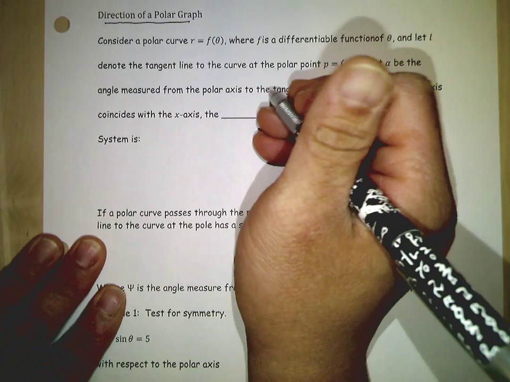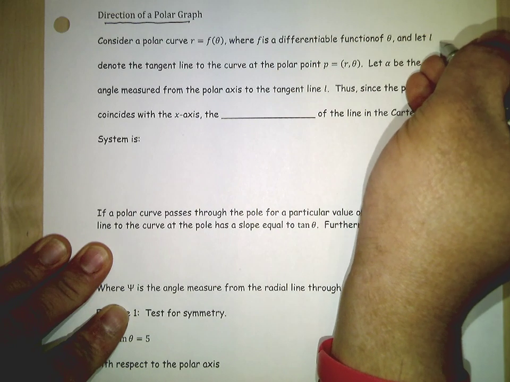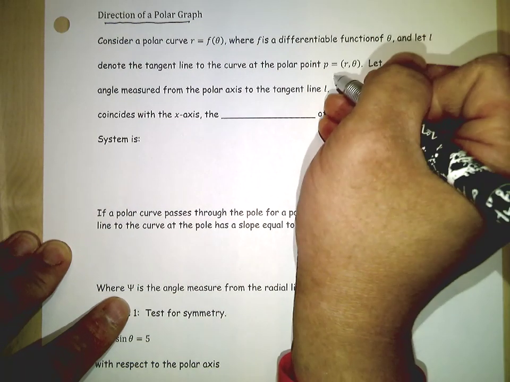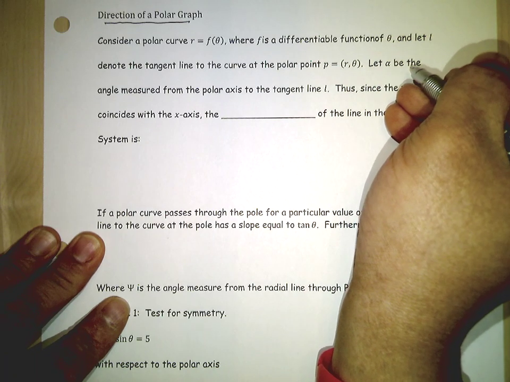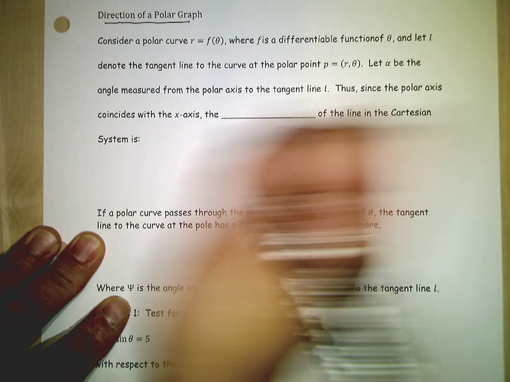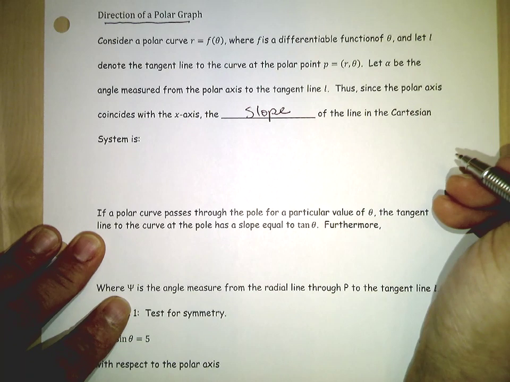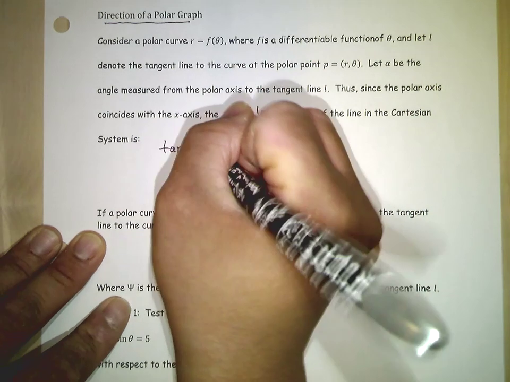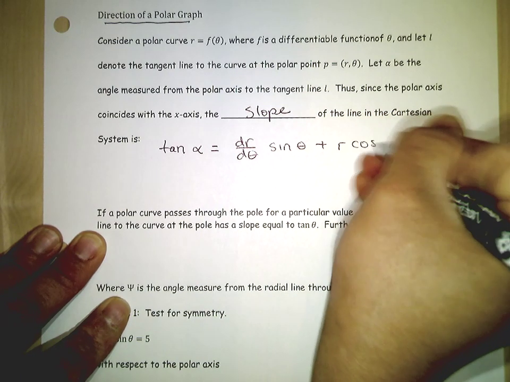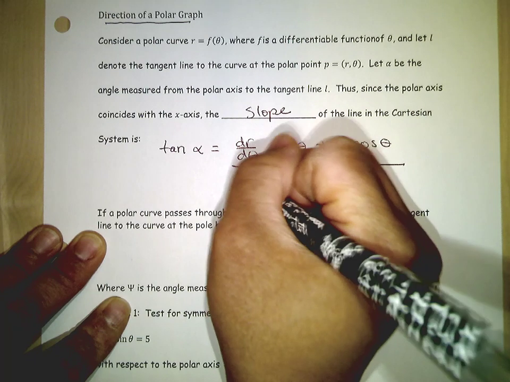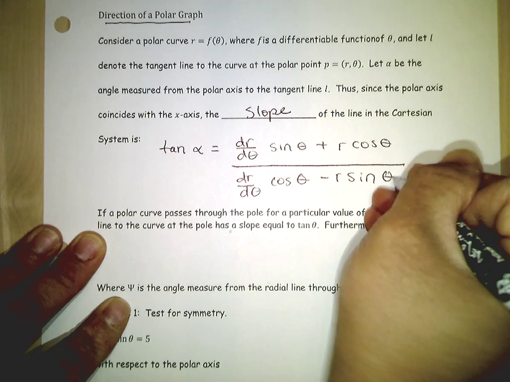Well, consider a polar curve r = f(θ), where f is a differentiable function of θ, and let L denote the tangent line to the curve at the polar point P = (r, θ). Let α be the angle measured from the polar axis to the tangent line L. Since the polar axis coincides with the x-axis, the slope of the line in the Cartesian system is tan α = (dr/dθ sin θ + r cos θ) / (dr/dθ cos θ − r sin θ).